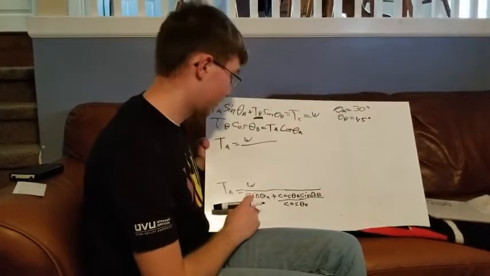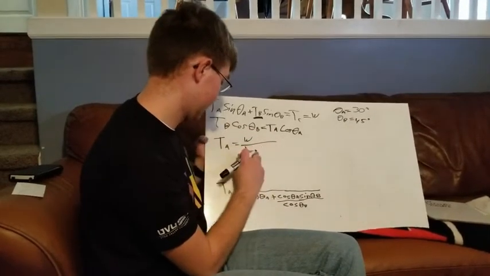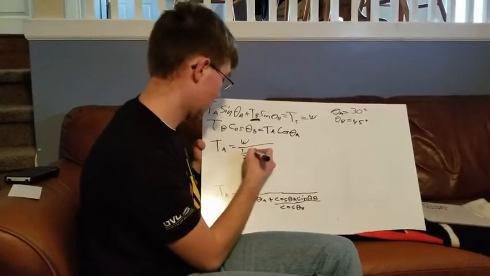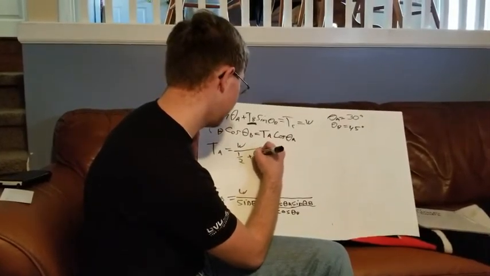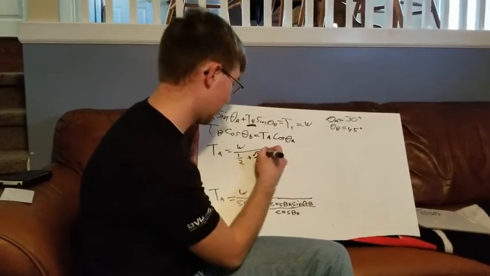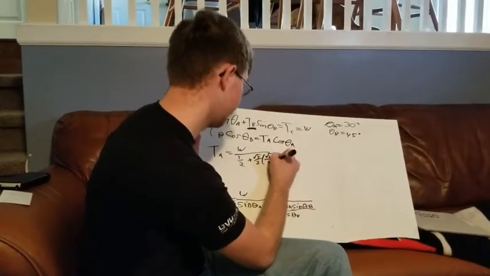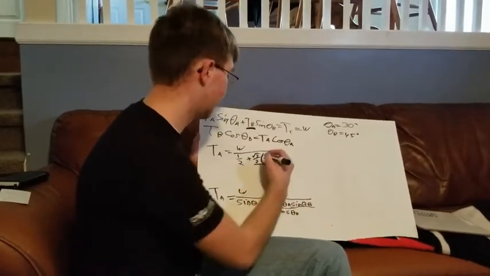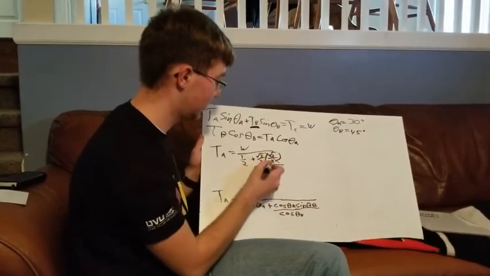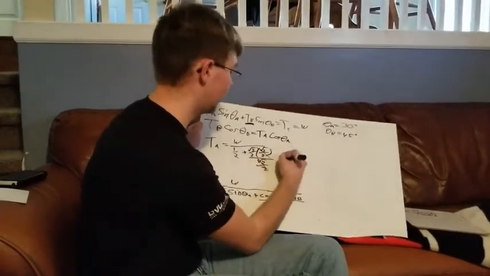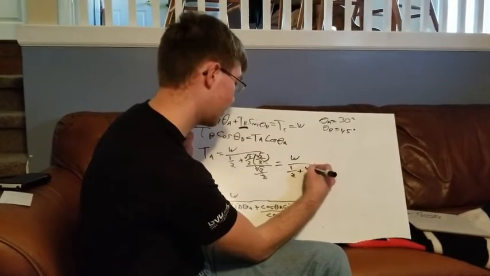So sine of 30 degrees is 1/2, and then plus the cosine of 30 degrees, which is the square root of 3 over 2, times the sine of 45, which is the square root of 2 over 2, over the cosine of 45, which is also the square root of 2 over 2. There's a square root of 2 over 2 on the top and on the bottom, so these cancel out, leaving me with W over 1/2 plus square root of 3 over 2.